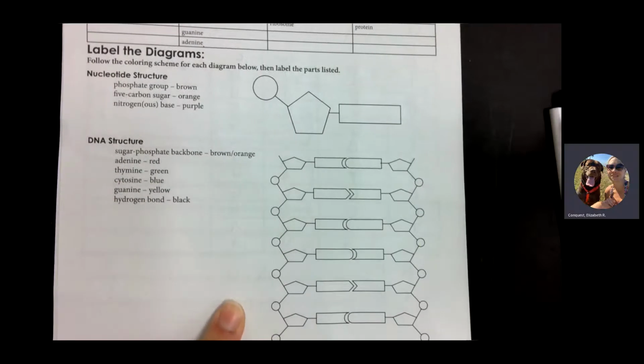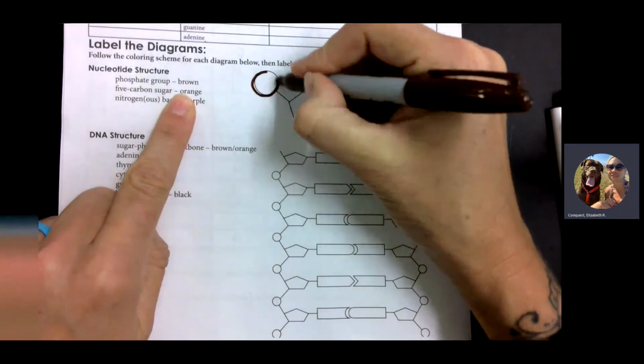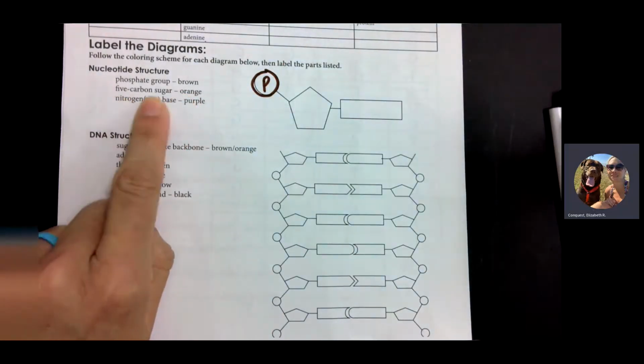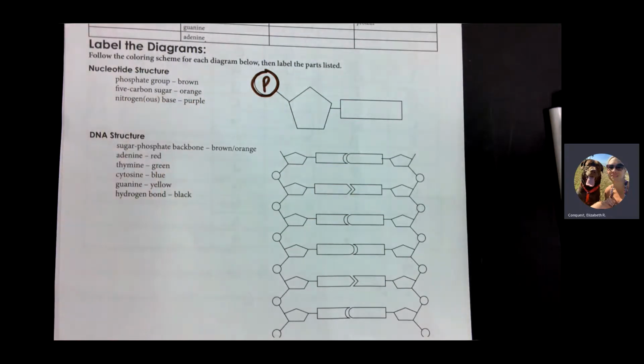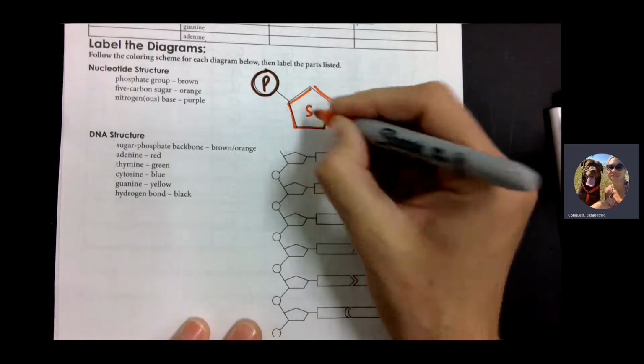On the front is really just making sure you understand the structure of DNA. All right, so the phosphate group, they want us to color brown. So if you remember, this was our phosphate group. The 5-carbon sugar, they want you to color orange. Okay, this is my sugar.